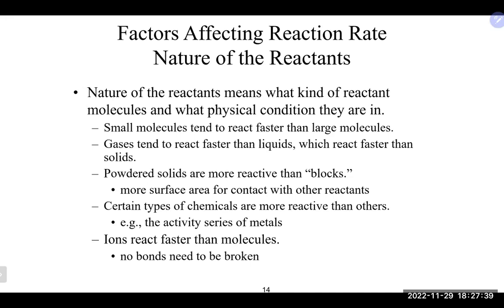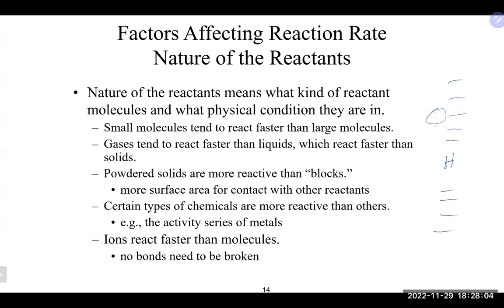Powder solids are more reactive than block solids. It's more surface area, so if you spread it out, you get a little more reaction in areas where it can react. Certain metals are more reactive than others. If you remember when we talked about single replacement reactions, there's an activity series of metals, where hydrogen is in the middle with a bunch of metals above it and a bunch below it.